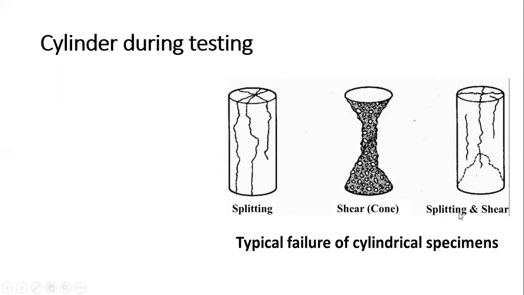And the third one is splitting and shear, where you will see vertical cracks and a cone also, so this is your combined type of failure. So basically three types. Splitting means only vertical cracks. Shear means we have some conical shape at the top and bottom, and splitting shear means the combined form.